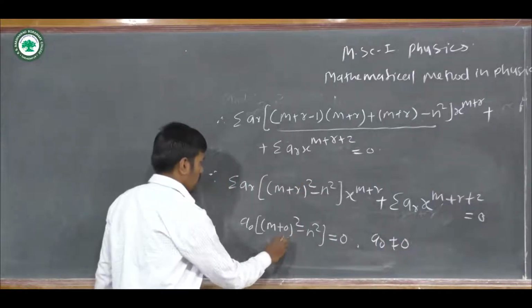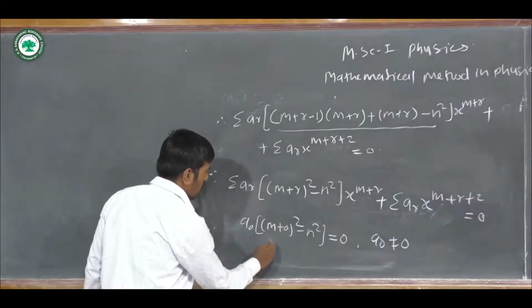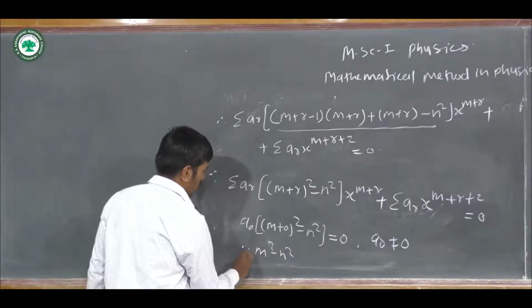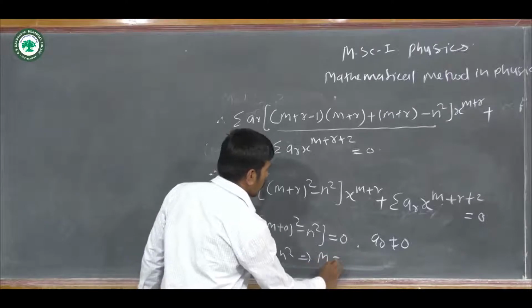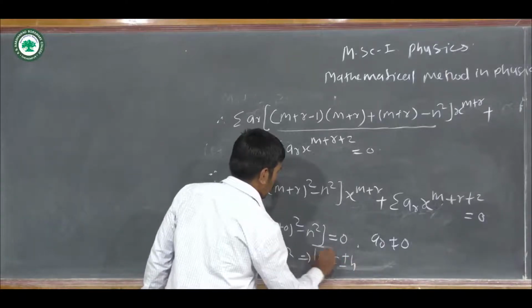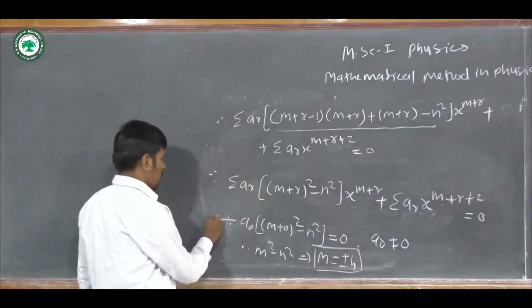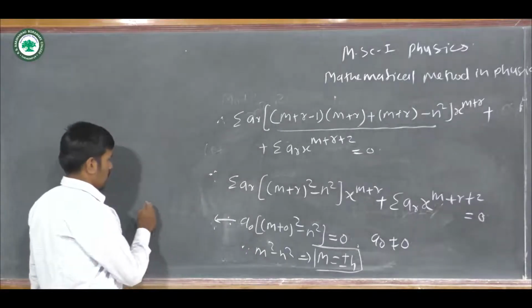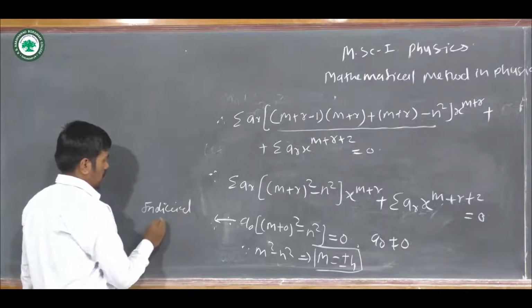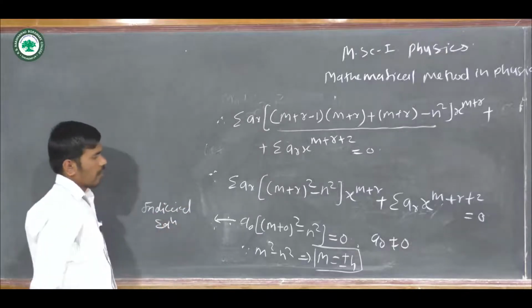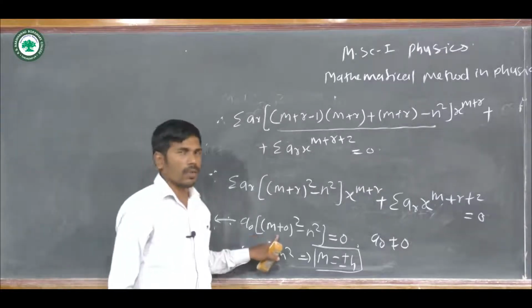So for this, that is m squared minus n squared equals 0, and from this we can find m is equal to plus minus n. Okay, this is called the indicial equation.